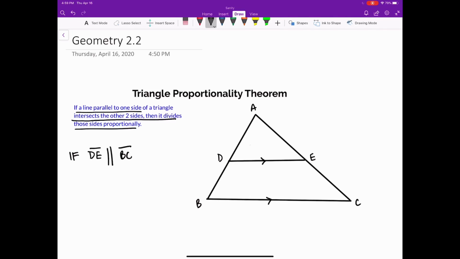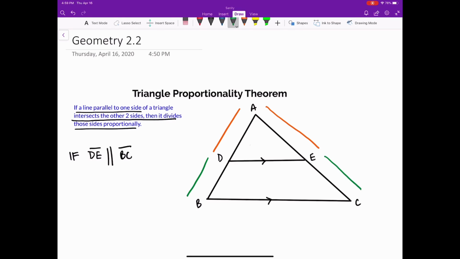proportionally. That means we have the same proportions between this intersection and this intersection here. It's the same proportion as this intersection to that little segment there, all right?